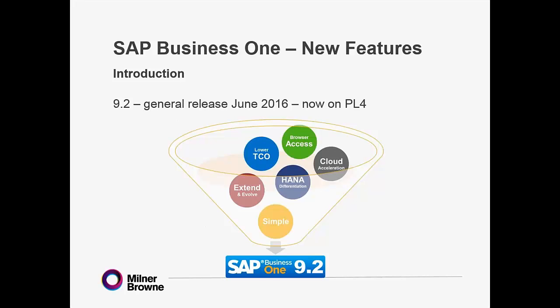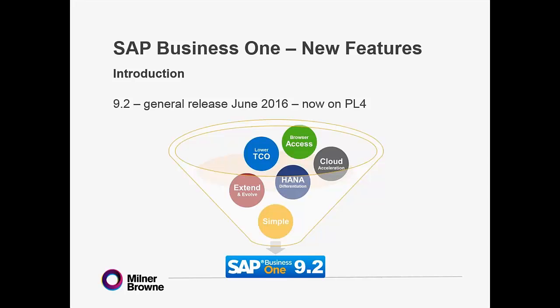Okay, so to follow on from the introduction, 9.2 has been on general release from SAP since June 2016. We're now on patch level 4, which just came out in the last week, so we're already starting to see some additional improvements coming through. As with all SAP Business One new releases, SAP is always trying to look at things from a number of different perspectives.